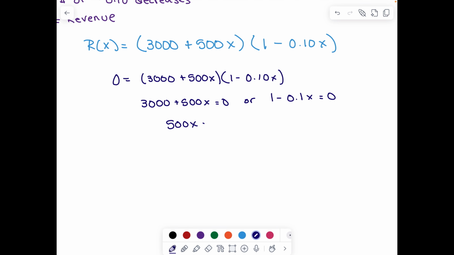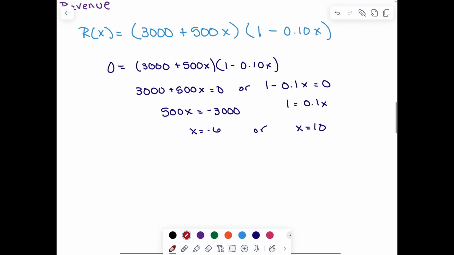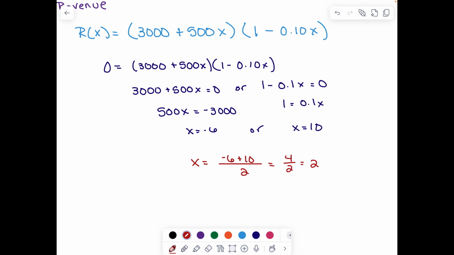So 500x equals negative 3,000. So x equals negative 6. Or 1 equals 0.1x. So x equals 10. So we average our zeros. So we have negative 6 plus 10 divided by 2. So that gives us 4 over 2, which equals 2. So 2 is our X point of our vertex.